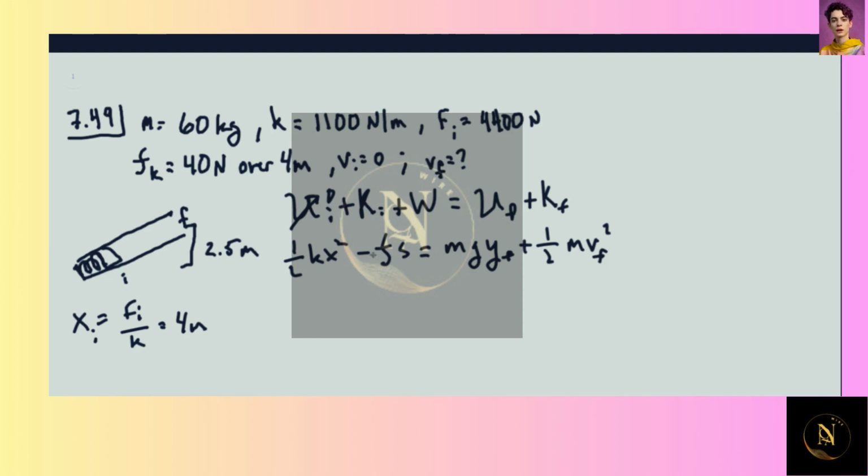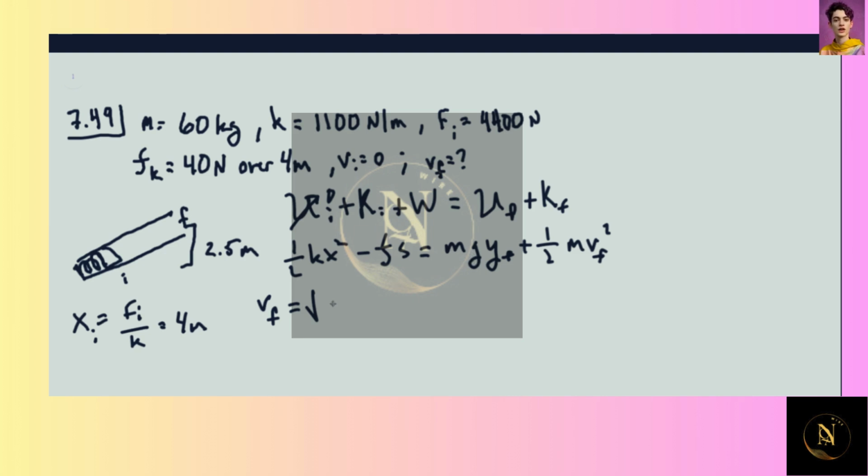So we just solve this for v final. We will get the square root. So it's going to move this over here, multiply everything by 2, and then divide by m before taking the square root.